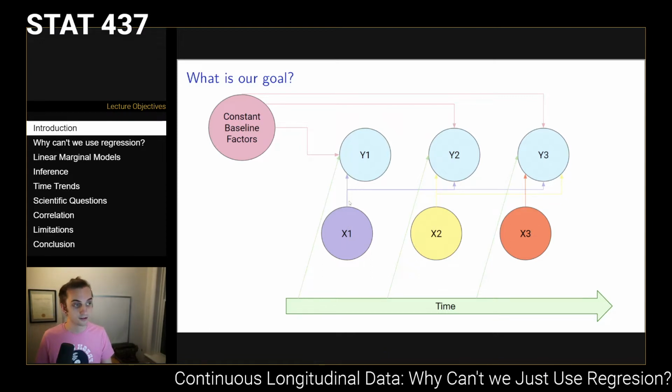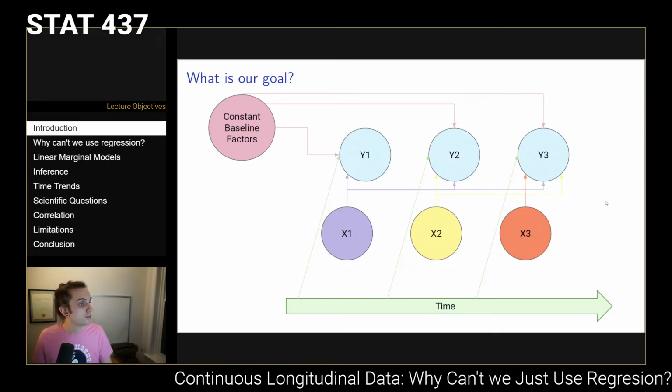So an arrow from x1 to y1, x1 to y2, x1 to y3, and so on. And we also have arrows from the time into our outcomes. So if you remember from that introduction to longitudinal data, one of the things that we want to figure out is, what are the impacts of time on the different outcomes? Okay, so this diagram here captures the way that we're going to start thinking about these relationships.